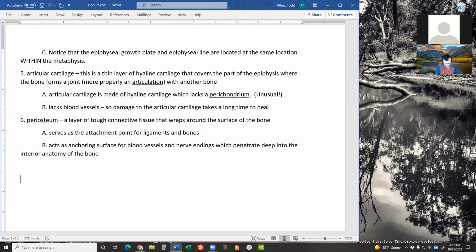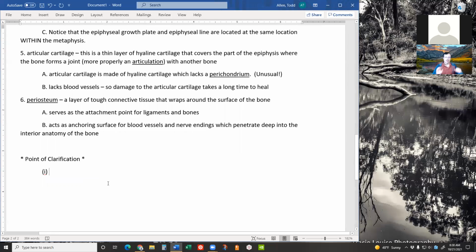So, a point of clarification. We'll say a couple things here. The periosteum and the perichondrium are both made of the same type of tissue. They're both made of dense, irregular connective tissue.